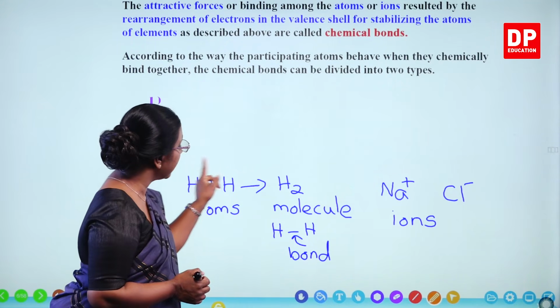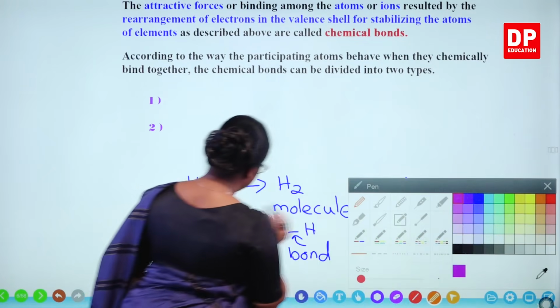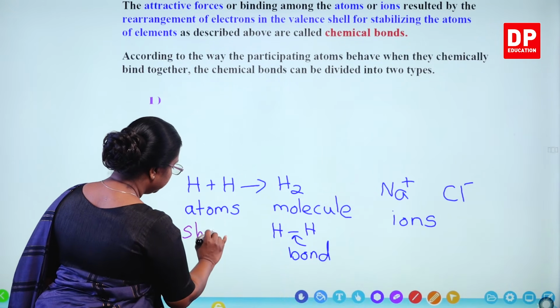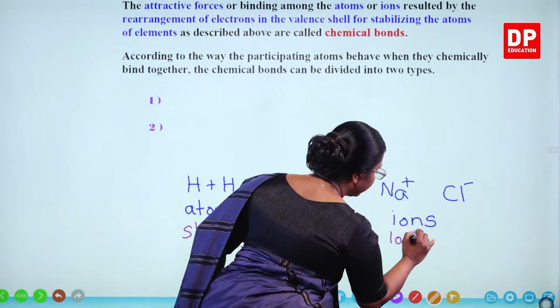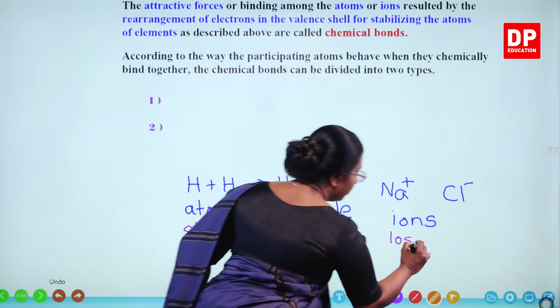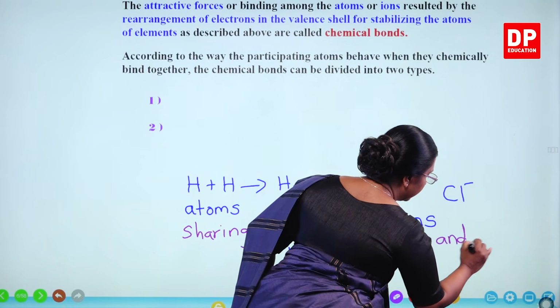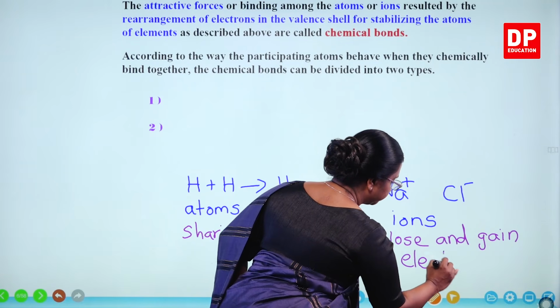So attractive forces or binding among the atoms or ions resulted by the rearrangement. Now here they are going to share electrons. That is the rearrangement. So sharing. Here sodium lost an electron, or you can say lose and gain electrons.